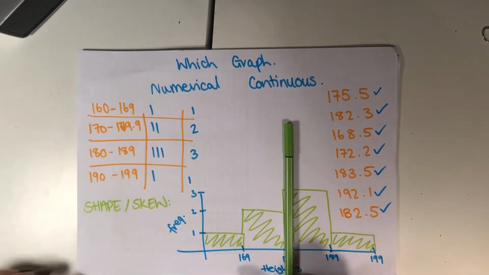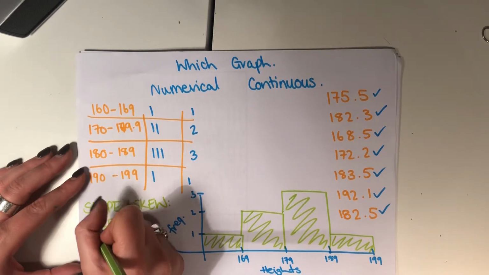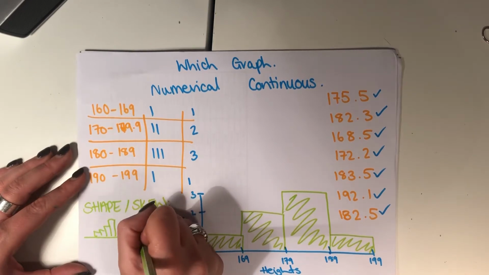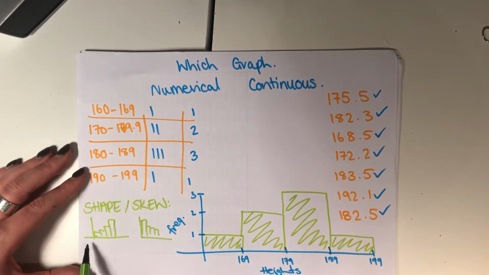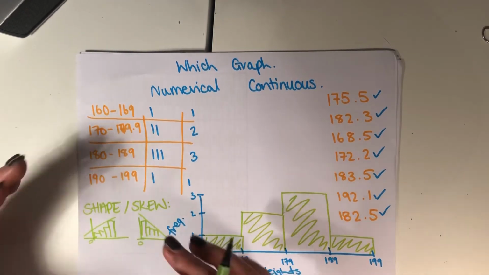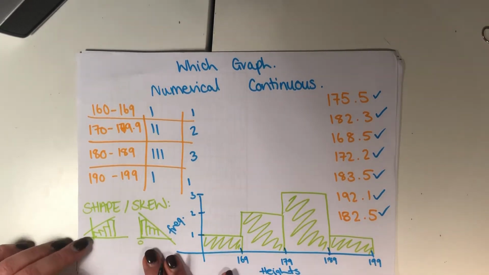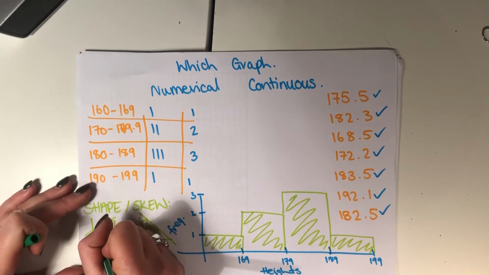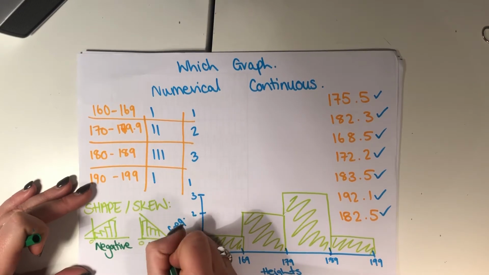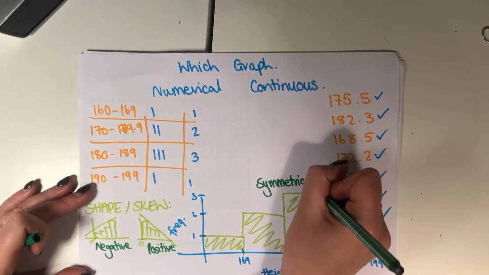The way you can remember this is if my graph looked like that, or my graph looked like that, with my x-axis and my 0, and my data seems to be falling in a certain way. That is a negative skew, and that is a positive skew. And I would call this symmetrical.